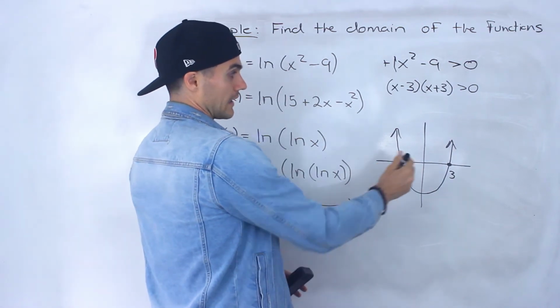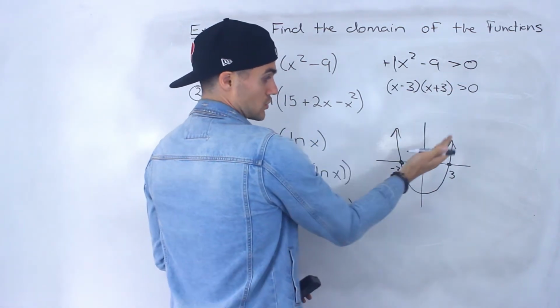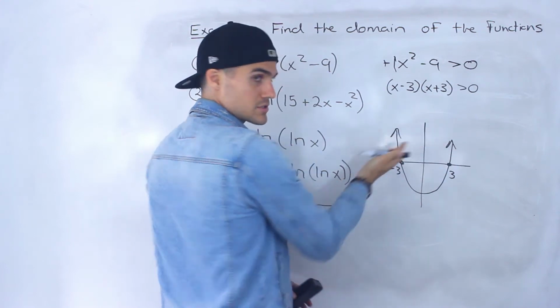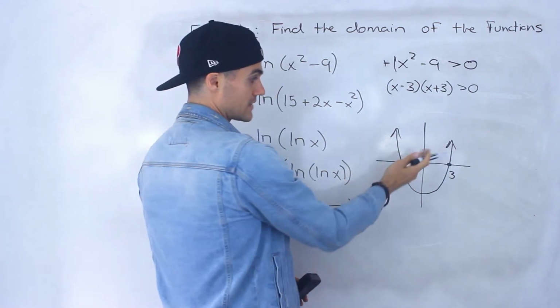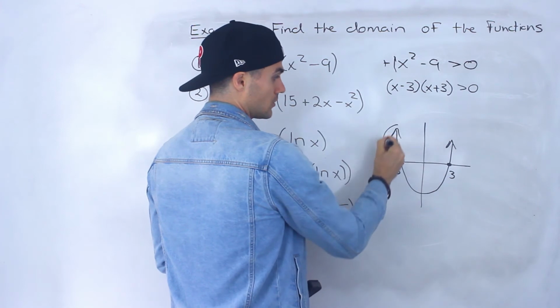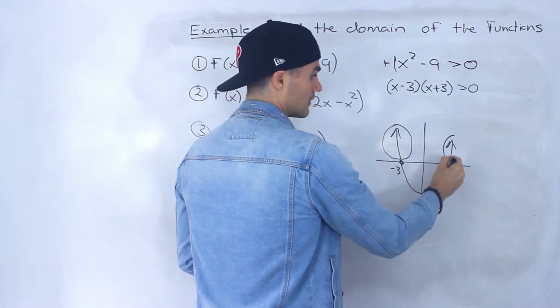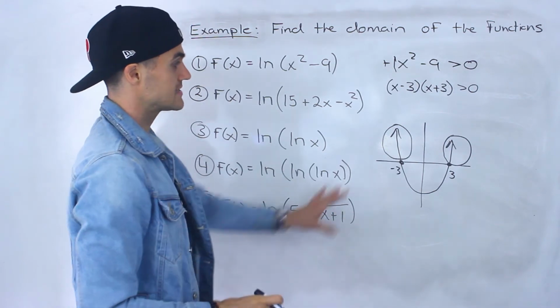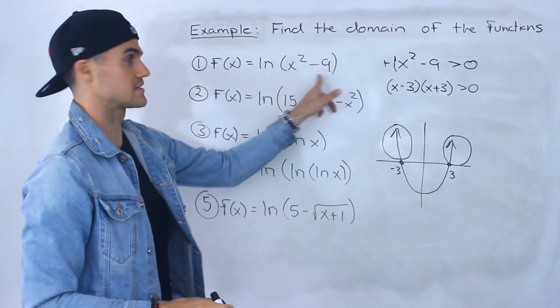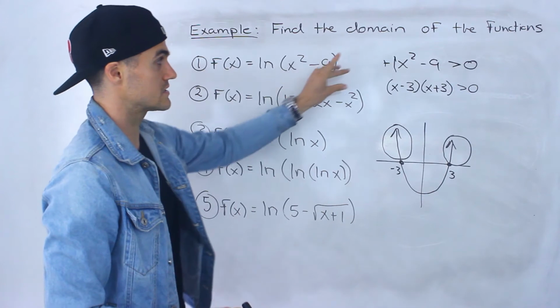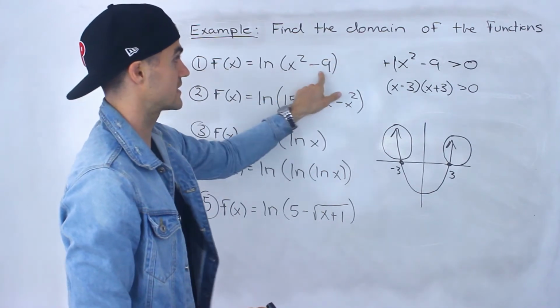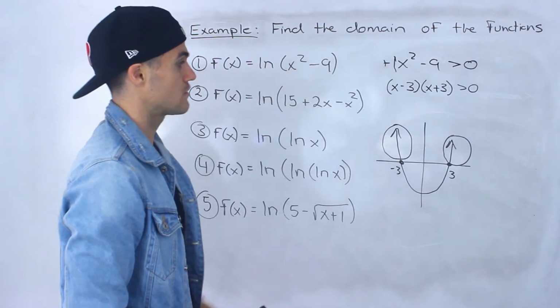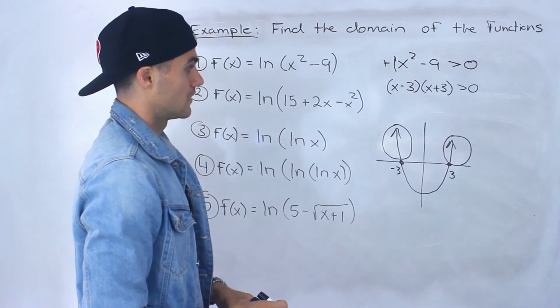So when is this quadratic going to be greater than 0? Meaning, when are the y values going to be greater than 0? When is it going to be above the x-axis? Well, notice it's going to be here and also here. Now, just a heads up, this is not the graph for this over here. Okay, this is just the graph for the expression inside the bracket, right?